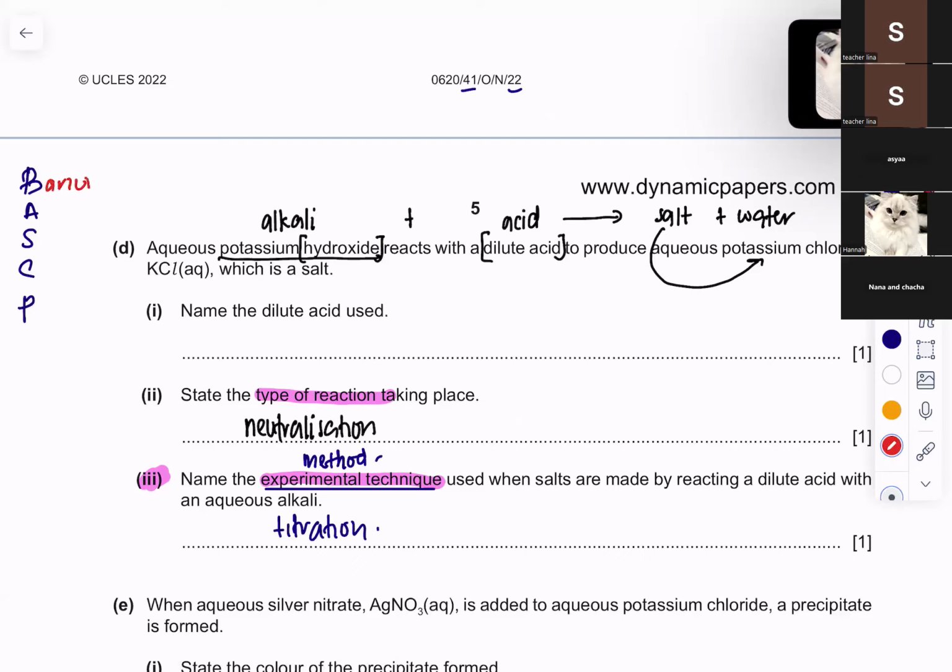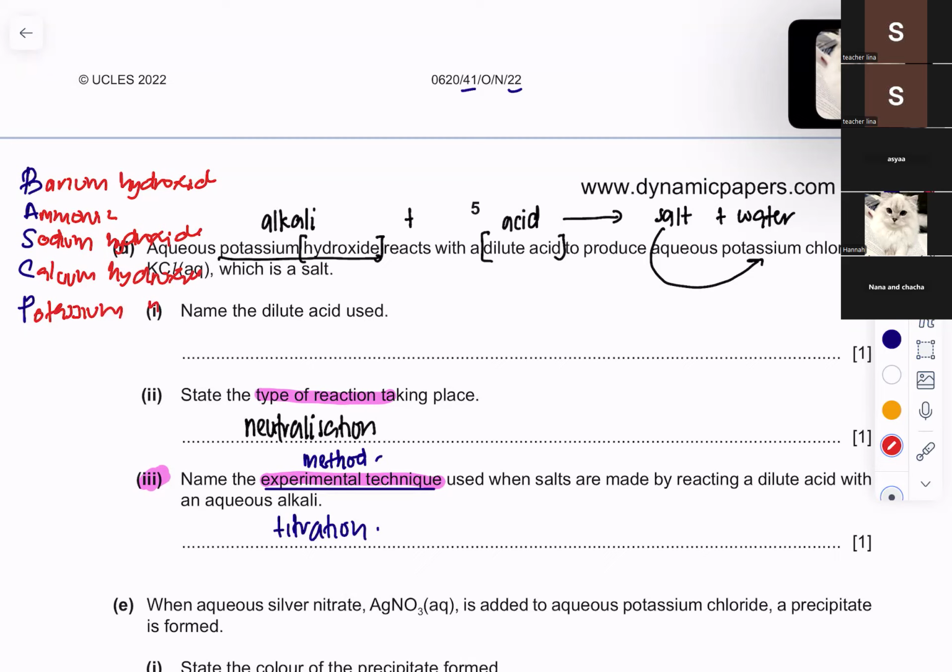Barium hydroxide, ammonia, sodium hydroxide, calcium hydroxide, and potassium hydroxide. Only the BAS-CP are alkalis.